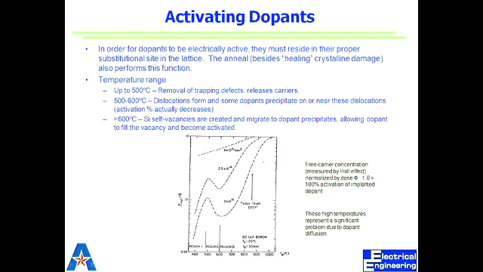The other is the activation. Again, defects are reduced, dislocations form, and some dopants precipitate close to them. But at temperatures greater than 600, they fill the vacancy and become activated.